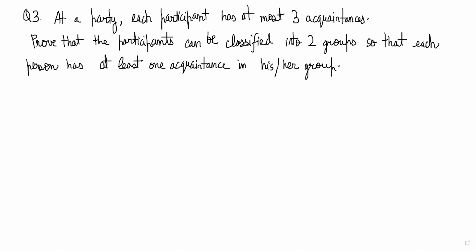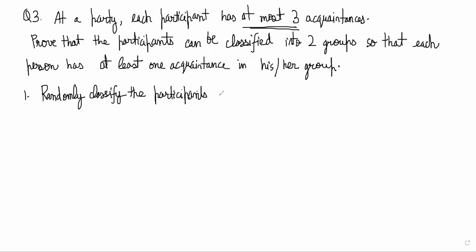We are saying each participant has at most 3 acquaintances, and then we can always classify the participants into 2 groups such that every person has at least one acquaintance in his group, right? So what we'll say here is, first step is randomly divide the participants into 2 groups, group 1 and group 2, right?